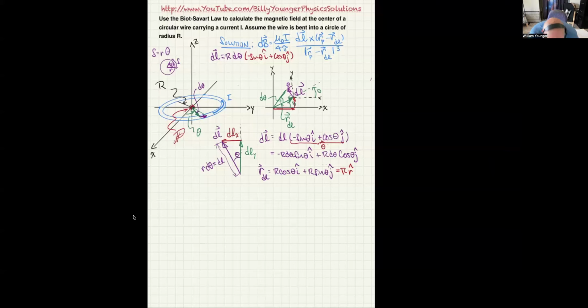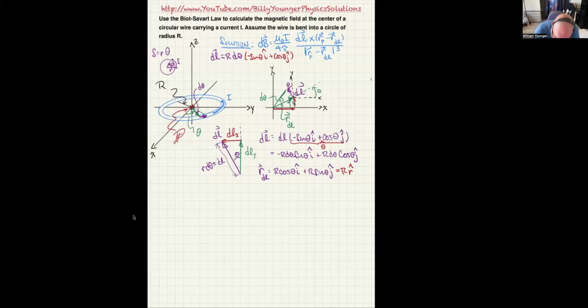So anyways, now that we have all that, all we need now is R_P. And R_P is a vector that points from the origin to the point P, which is right there where the origin is, and therefore R_P is equal to 0.